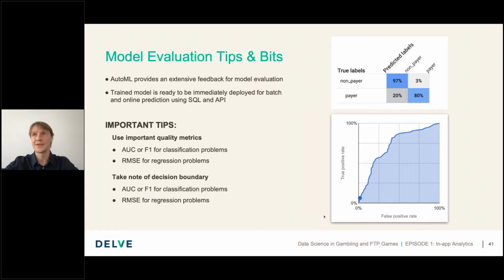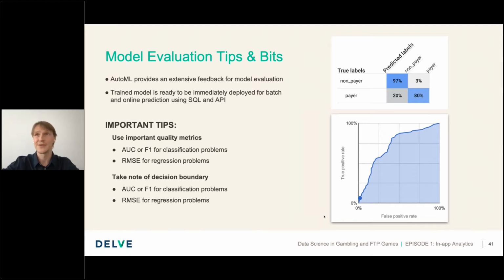And as you see on the diagonal, the model reports correctly predicting non-payer as non-payer in 97% of cases, payer as payer in 80% of cases. But these gray areas which show the confusion of the model are also important to analyze as a trade-off.